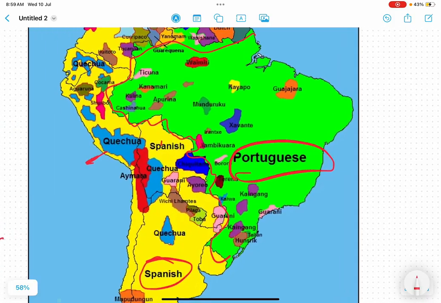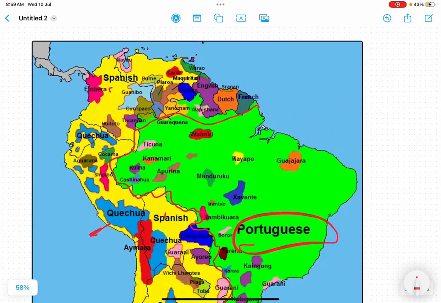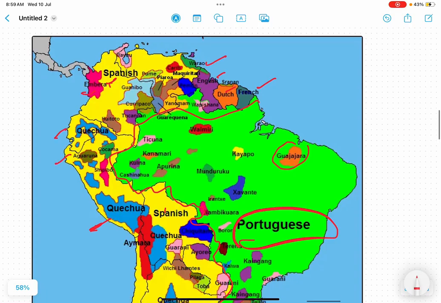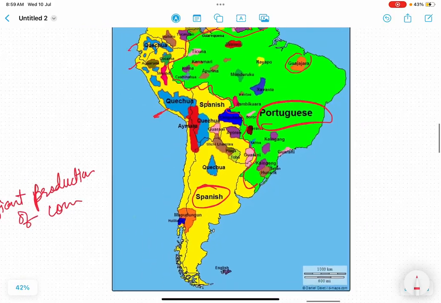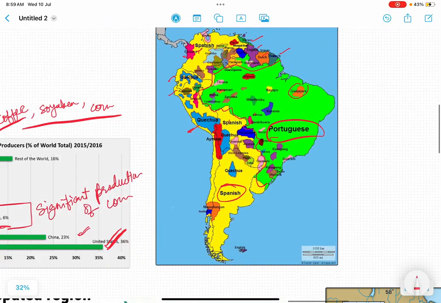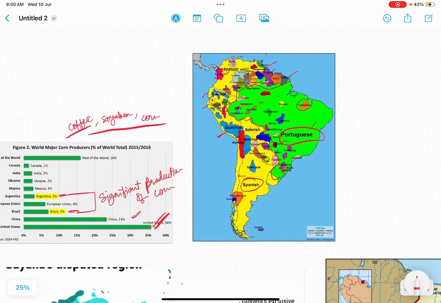As you can see, there are other regional or indigenous languages. We have French here, Dutch here, English as well. We have Guajira here. We have Spanish here, Embera here. We have Warao here. We have Quechua here. We have Arawak here. So all of these different languages. So basically you can say that Portuguese and Spanish divide the region into parts.